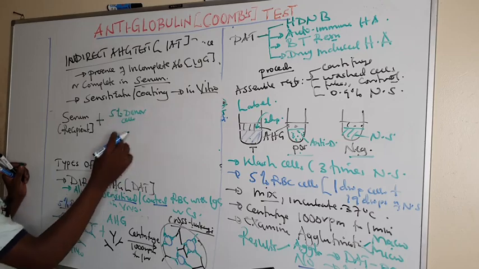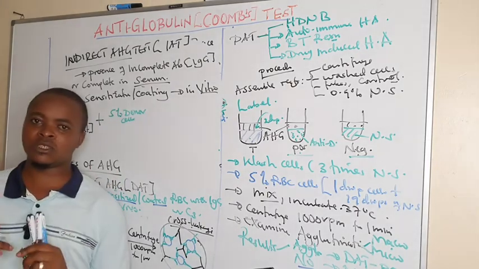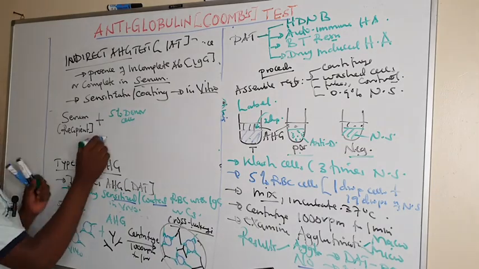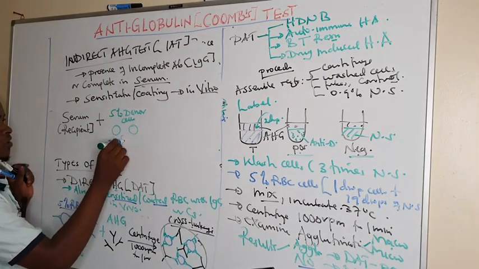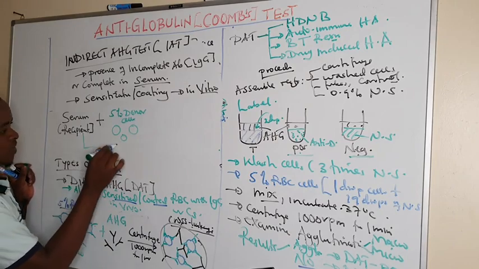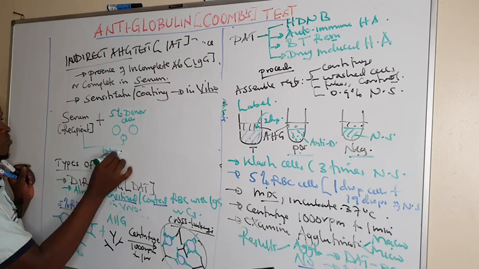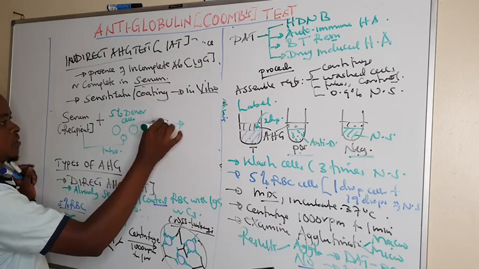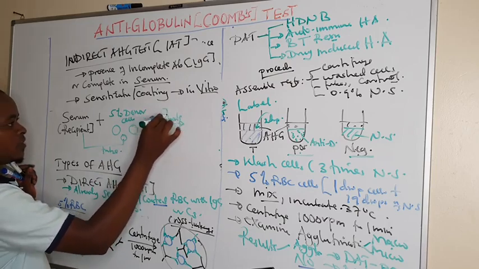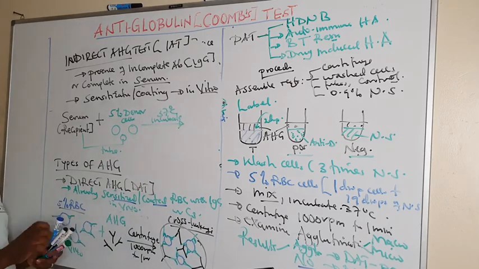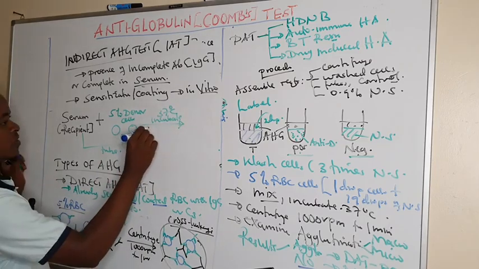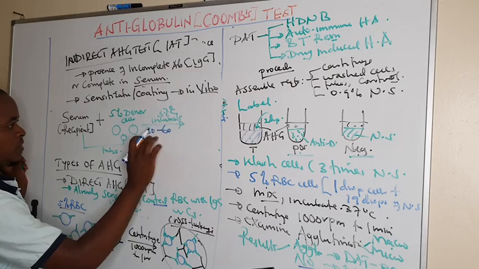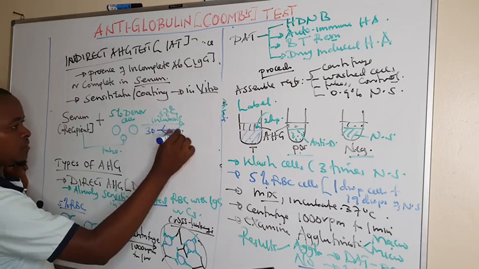These are donor cells, washed donor cells. We always use cells washed 3 times. So these 5% donor cells are not yet coated. After mixing them in one tube, we are going to incubate at 37 degrees centigrade for 30 to 60 minutes.